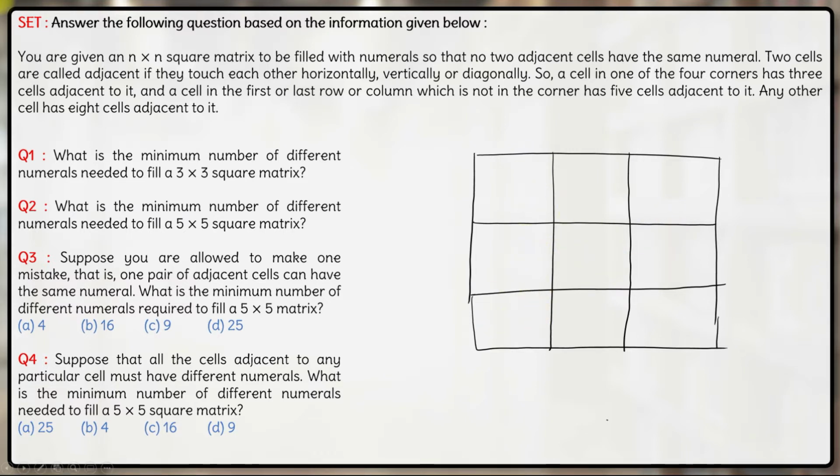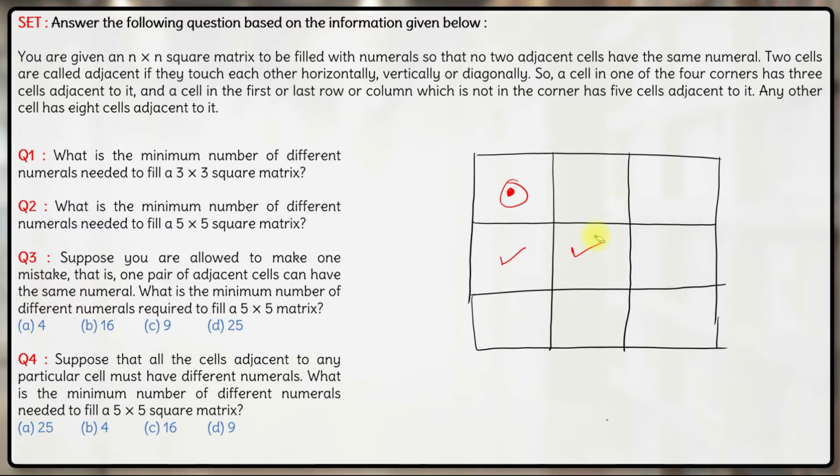An adjacent cell is, if we consider this corner cell, what will be the adjacent cells to this one? This cell touches it horizontally, this cell touches vertically, and this cell touches diagonally. So these 3 are the adjacent cells to this particular cell. These will not be considered as adjacent cells.